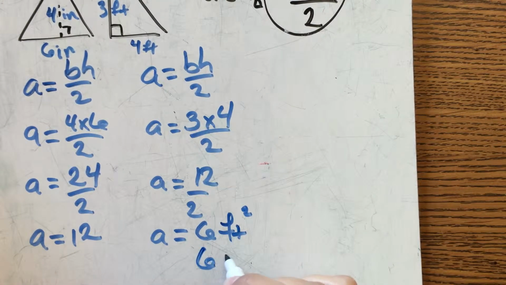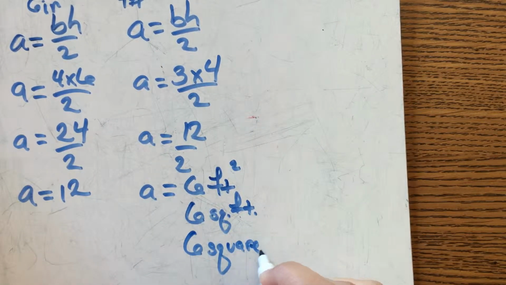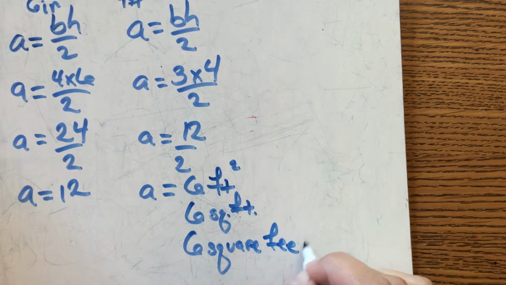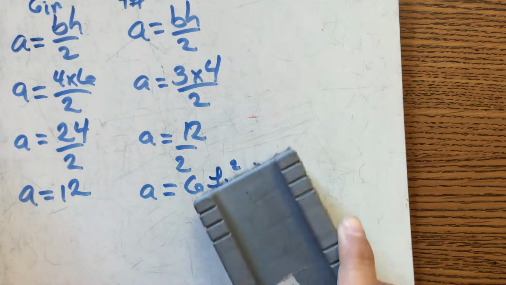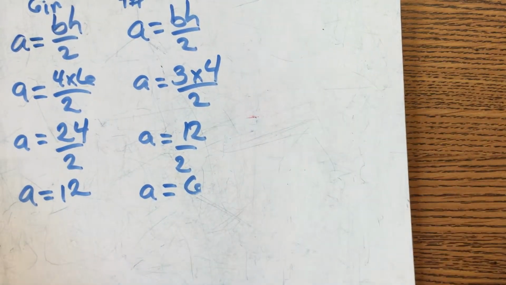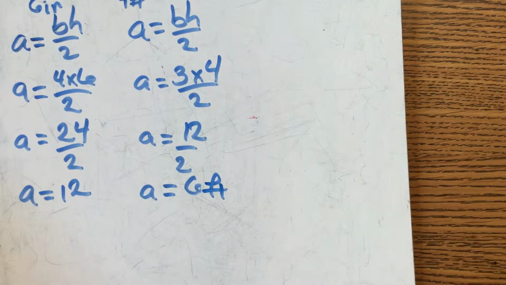You could have written it like this, or like this, or you could have spelled it out. Square feet. But if you left your answer like that, I would have marked that wrong.